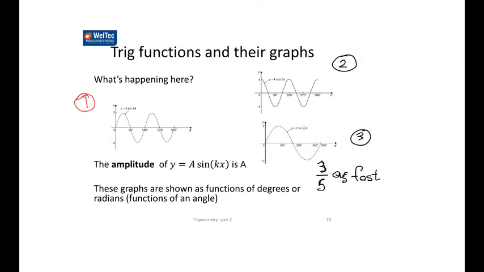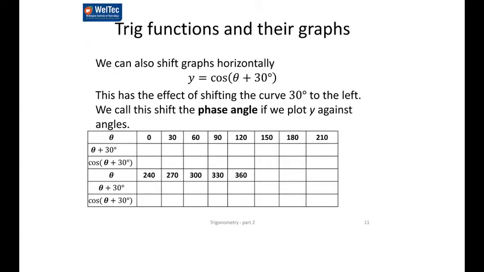So it's going around 3/5 as fast, and it's stretched vertically by a factor of 2. So we can make graphs go around faster, and we can stretch them vertically, but we can also shift them.